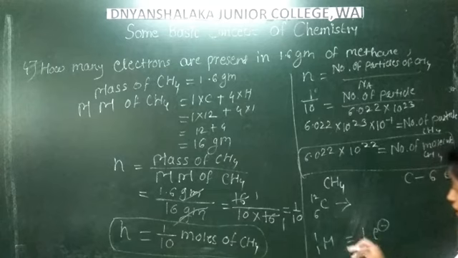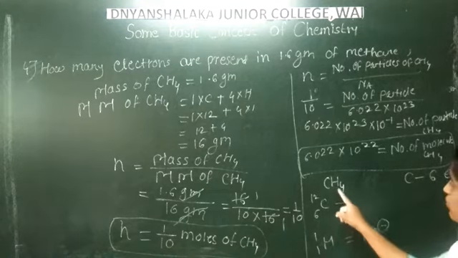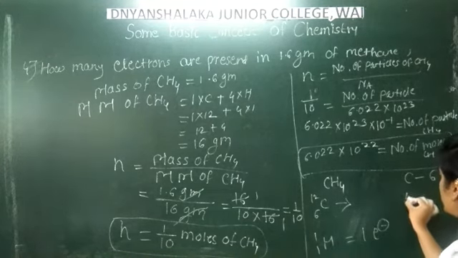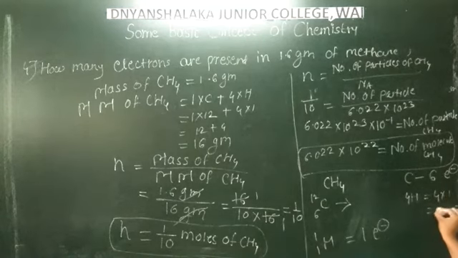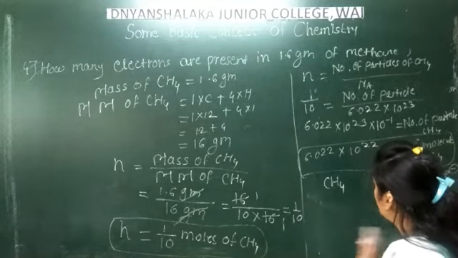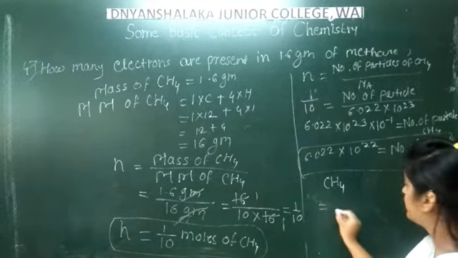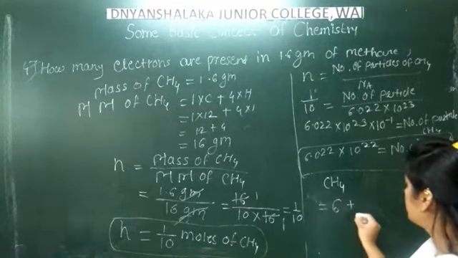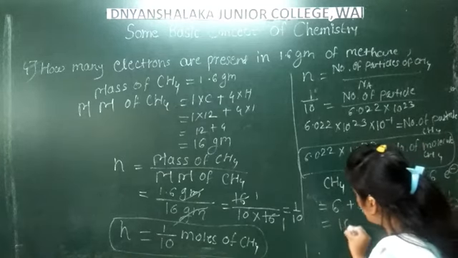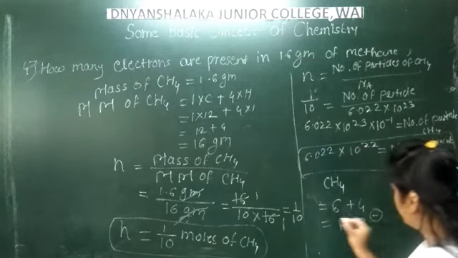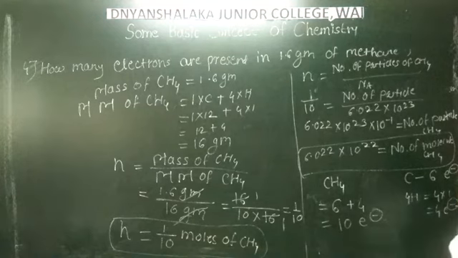With 4 hydrogen atoms, 4 into 1 is 4 electrons. So the number of electrons in the CH4 molecule is 6 plus 4, so a methane molecule contains 10 electrons.